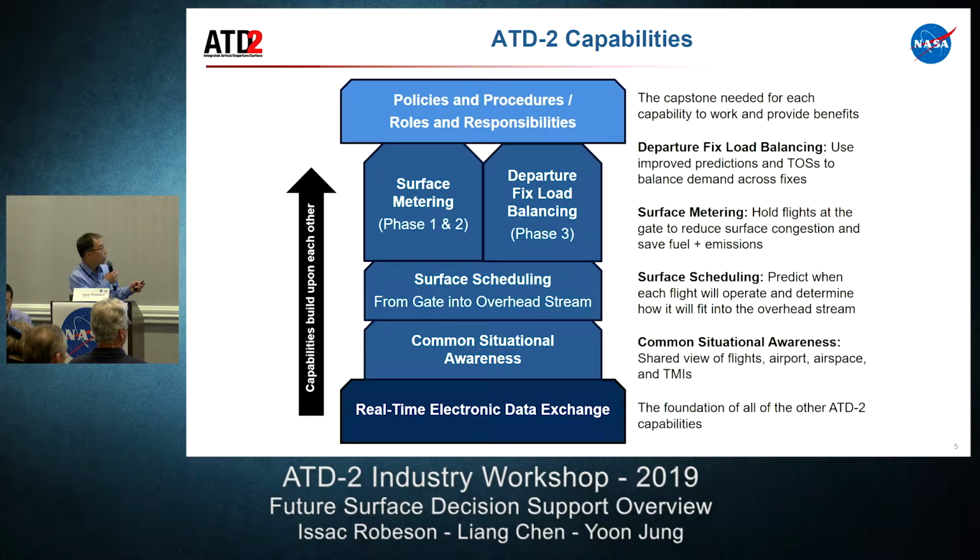Okay, this slide shows ATD2 capabilities in terms of building blocks, depicted as layers of different capabilities. At the bottom of this pagoda is real-time electronic data exchange, which is the foundational capability for the entire ATD2 system that provides common shared situation awareness among various users, including ATC Tower, TRACON, Center, and Airline Ramp Tower.